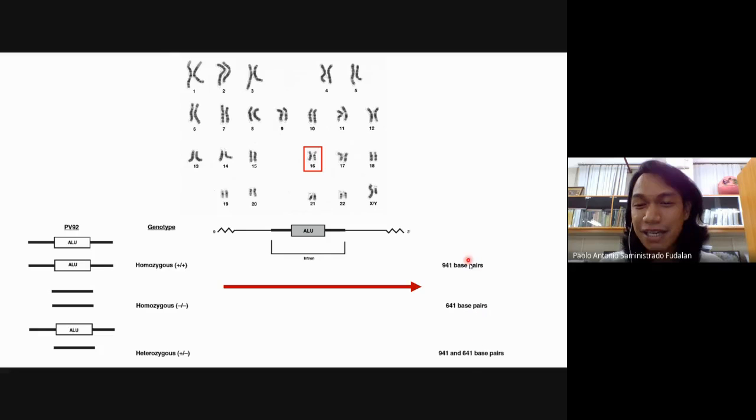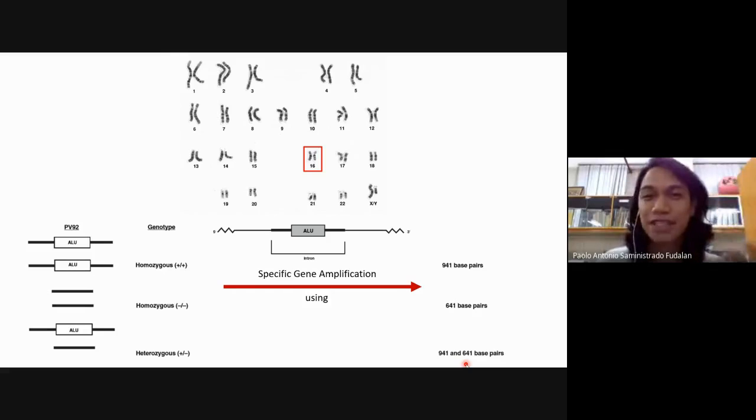And the way we isolate this portion, and it's possible to do this, is through specific gene amplification. Specific because you only are working on a certain gene. Amplification because you're going to increase the number of that specific gene. And the process, as you mentioned, is called polymerase chain reaction, or PCR.